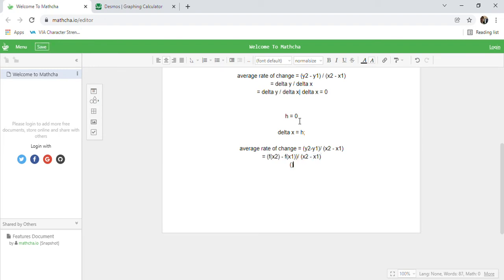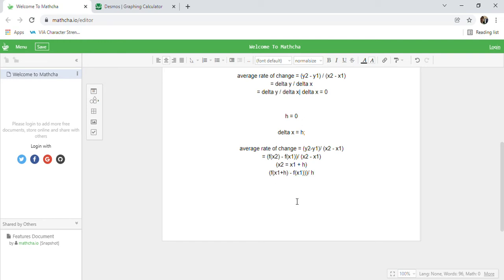Actually, x2 equals x1 plus h, so aka plus 0, but that's the secret right now. So it equals f of x1 plus h minus f of x1, all divided by h, because h is our change in x.